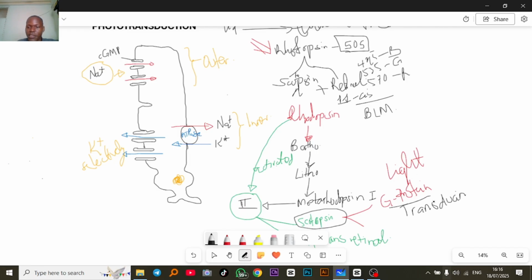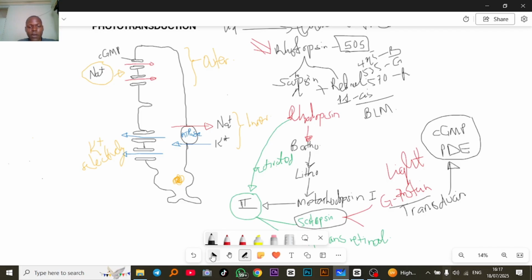And that transducin will in turn activate another enzyme, which is known as PDE, specifically cyclic GMP PDE. So what is cGMP PDE in full? It is cyclic guanosine monophosphate phosphodiesterase. This one will just work to break down these cyclic GMP so that you don't have any sodium ion moving inward. You get?